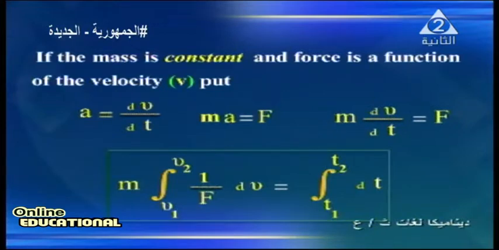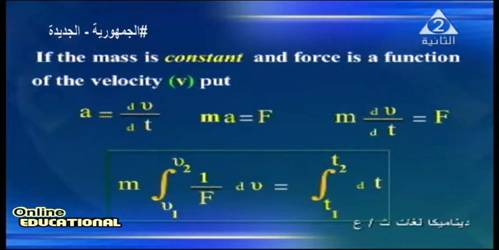Now we have three cases. If the force is a function of time, then m integration dv from v1 to v2 equals integration F dt from t1 to t2. And if the force is a function of displacement s, then m integration v dv from v1 to v2 equals integration F ds from s1 to s2.